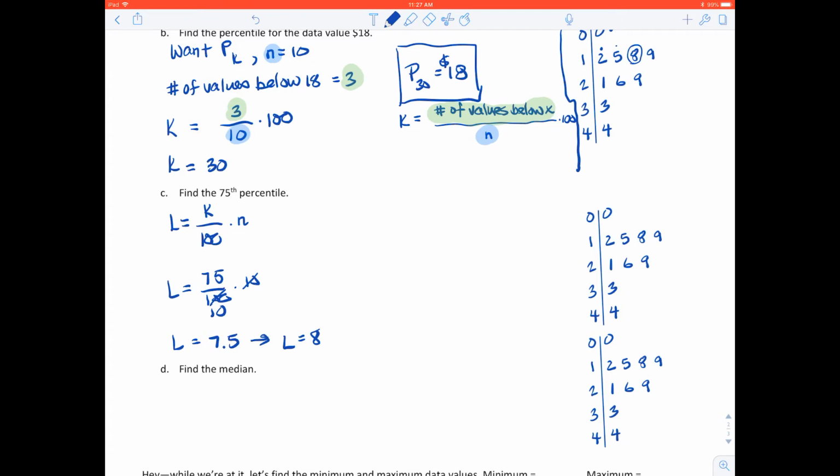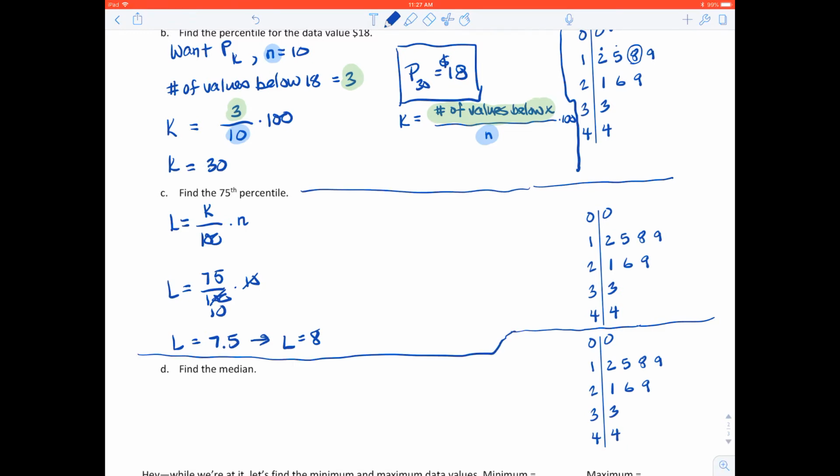So, counting from the minimum, we have 1, 2, 3, 4, 5, 6, 7, 8. Good so far? And so therefore, the 75th percentile, P75, is equal to, good, 29. That's the one.